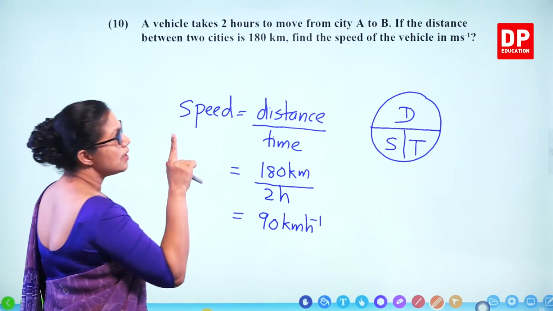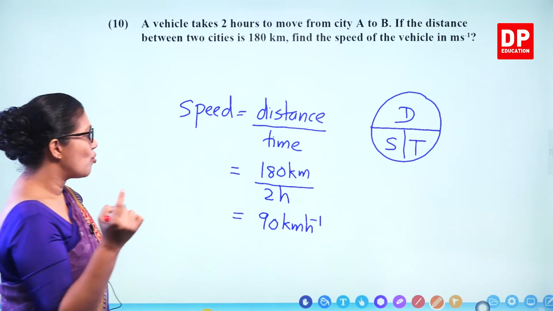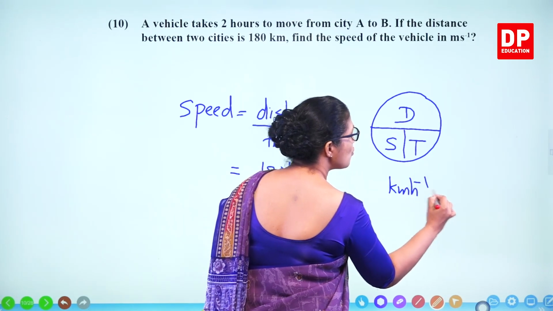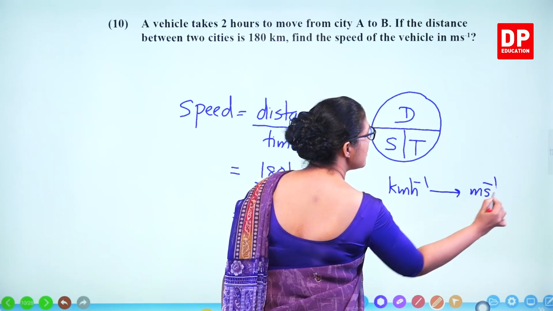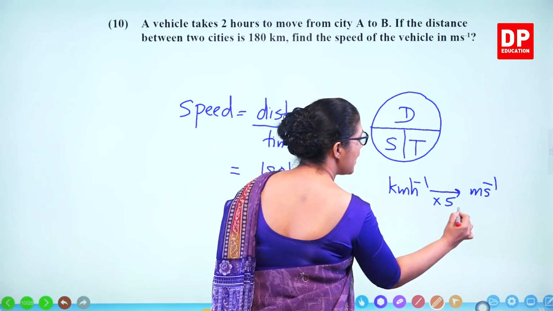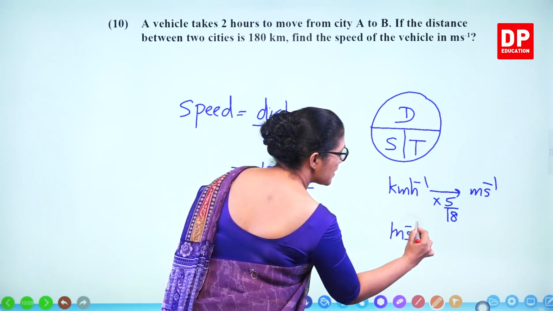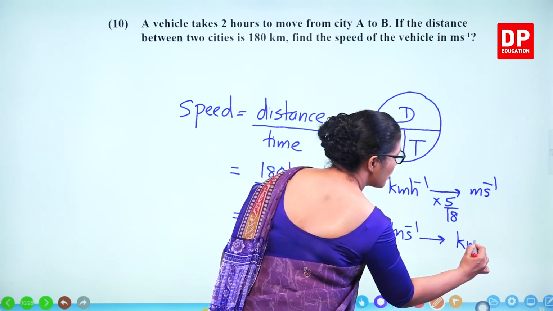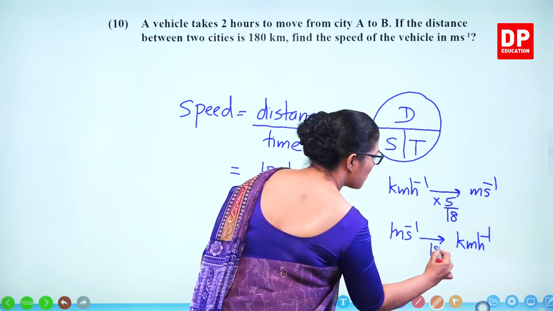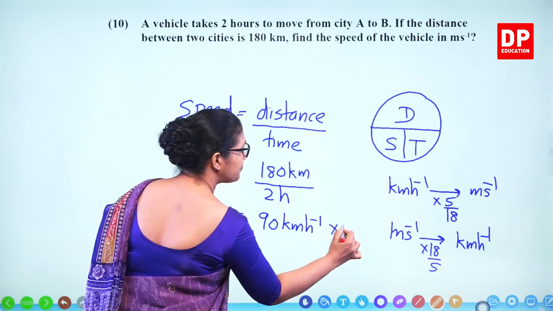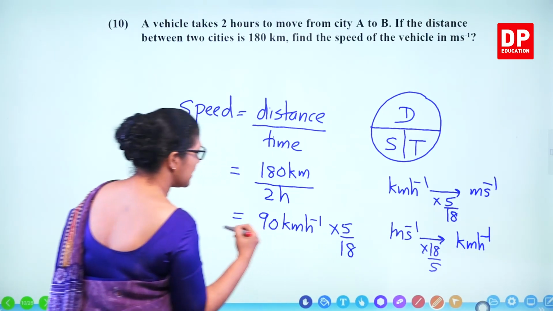But we want meters per second. So what's the conversion? Kilometers per hour to meters per second, you multiply by 5/18. Other way around, meters per second to kilometers per hour, you multiply by 18/5. So you choose this one, 5/18.